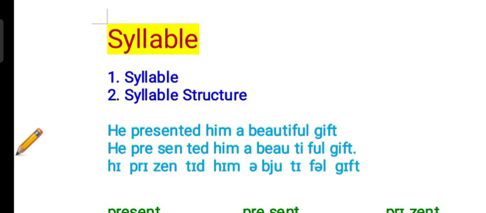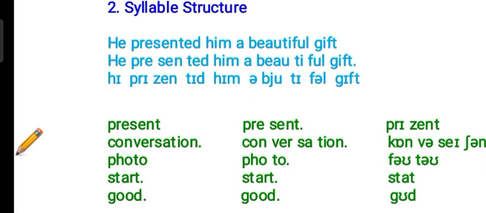It is intuitive for native speakers of the English language to break down continuous streams of sounds into beats, as well as individual words into beats. We can not only break continuous streams of sounds or utterances into beats, we can also break down words into beats. For example, the word present, we can break it into 2 beats, pre and zent. Or the word conversation, we can break it into many beats.